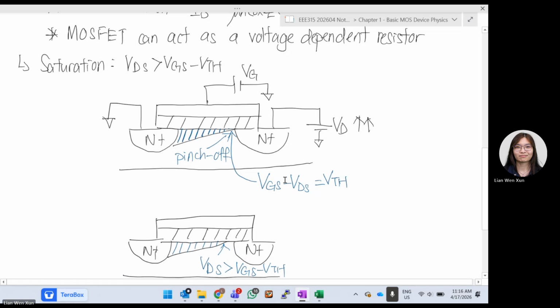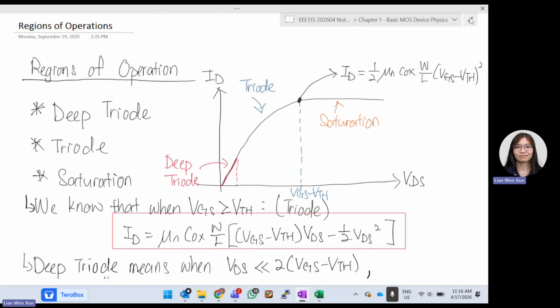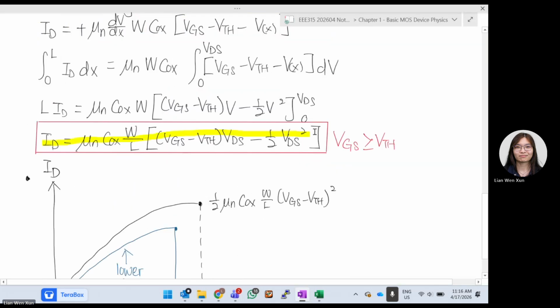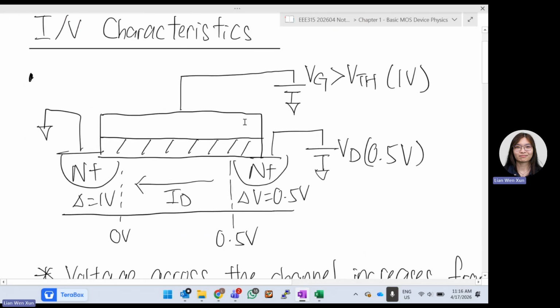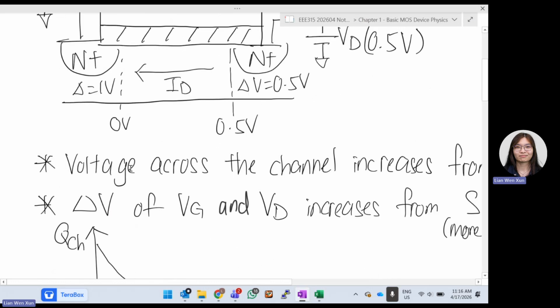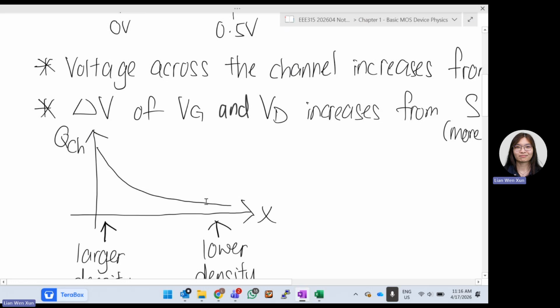In the last class we showed this. If VG is 1 volt and my VD is 0.5, the difference between them is 0.5. My VG is 1 volt, my source is 0, so the difference between them is 1. That's why the current density looks like this.